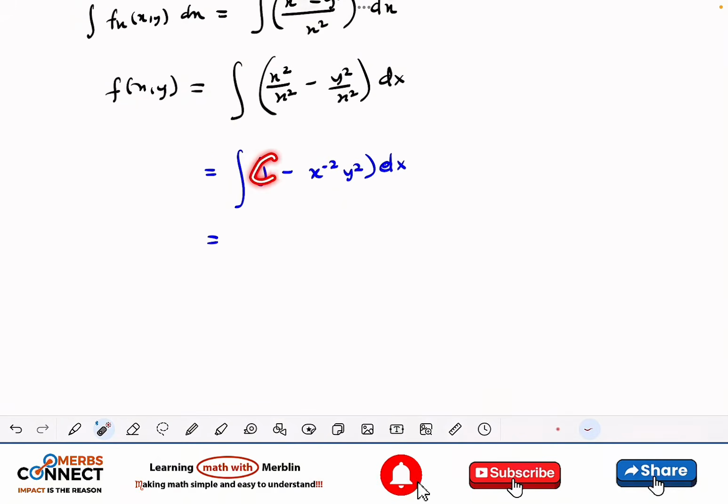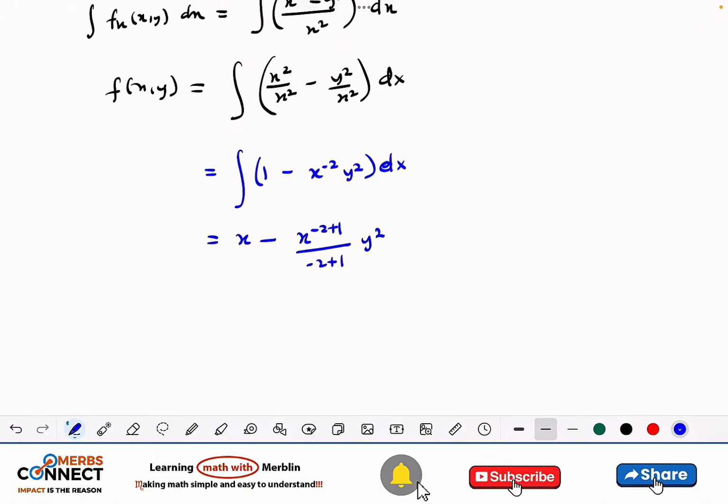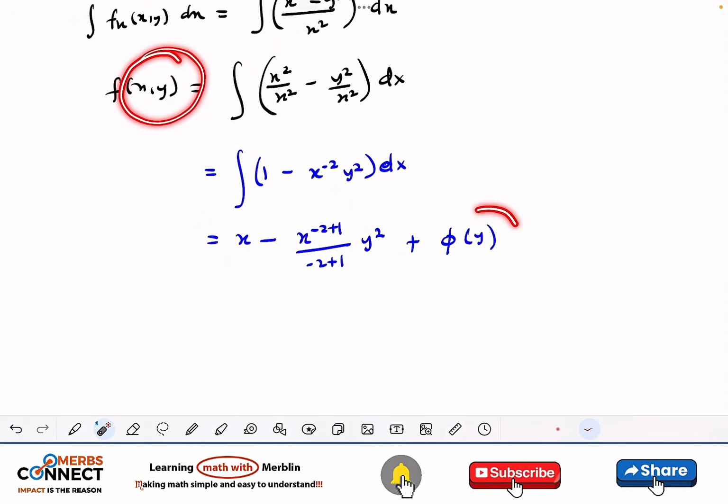When I integrate a constant with respect to x, I get just the constant times x. And then minus, when I integrate this, I'm going to have x to the power minus 2 plus 1 divided by minus 2 plus 1 times my y squared, because y is a constant multiplying the function. And don't forget to add your phi of y, because now the function is in terms of x and y, so we add this one to it.